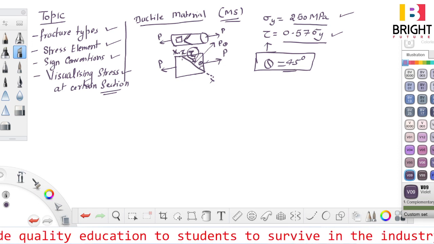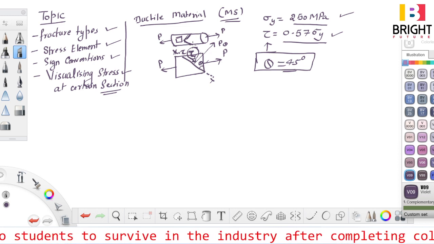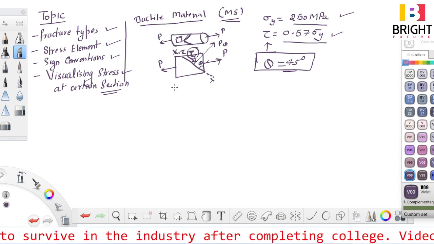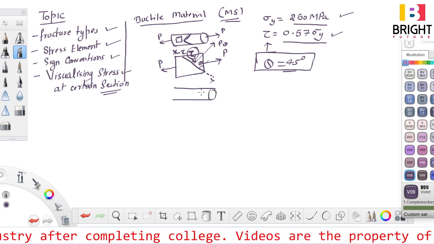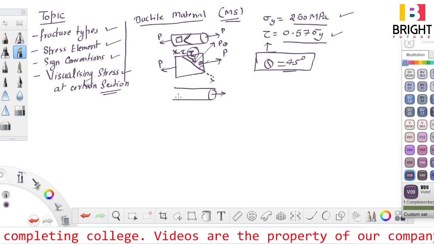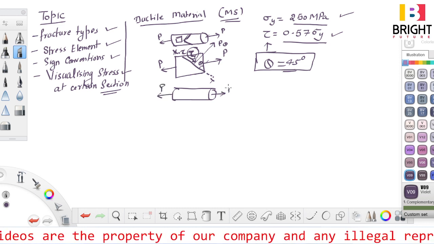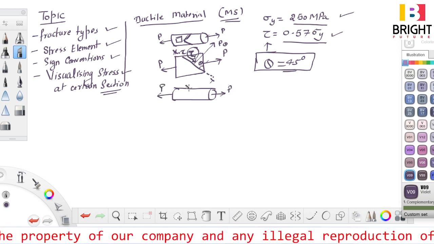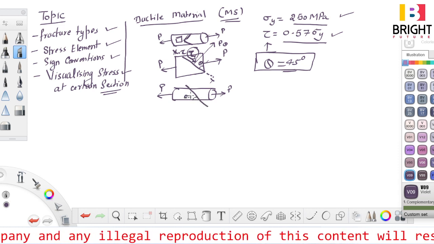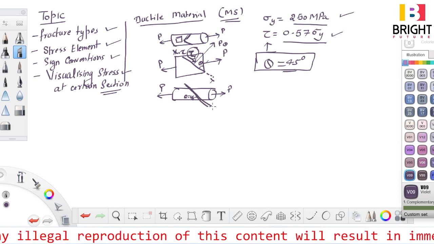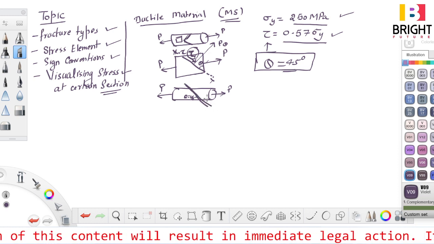The plane of maximum shear stress will fail, so this theta will be 45 degrees. That is why in case of mild steel, if I load it in tension like this, then at theta equal to 45 degrees the plane will slip from here in loading, right?